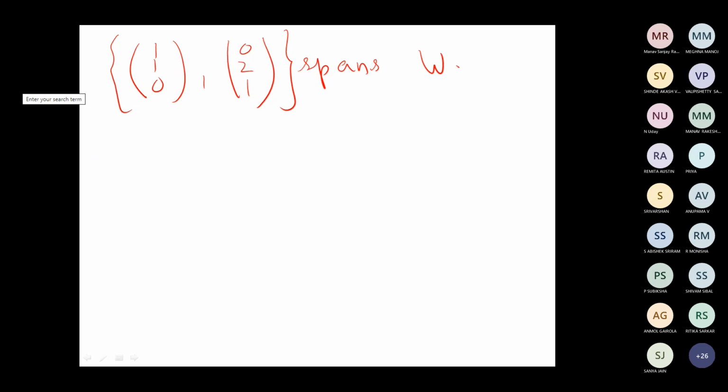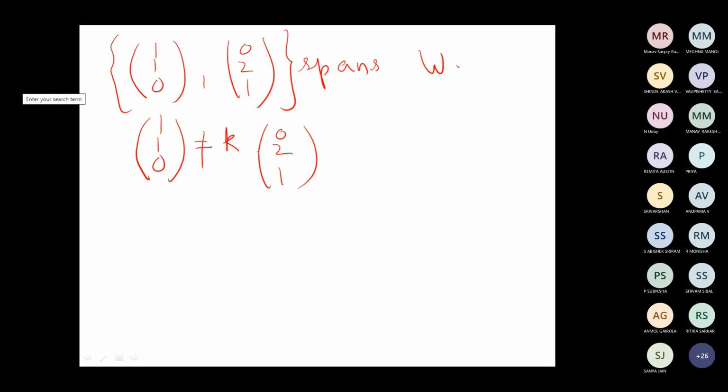Can you say whether these two vectors are linearly independent? They are not linearly independent? One can be written as a linear combination of the other? No, ma'am. So they are linearly independent, right? Yes, ma'am. (1, 1, 0) can never be equal to some k times (0, 2, 1) because here you have a 0 entry.